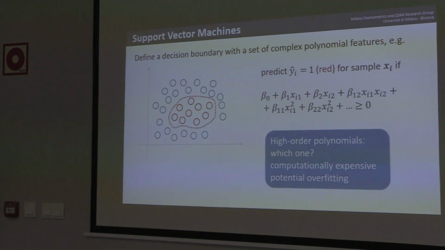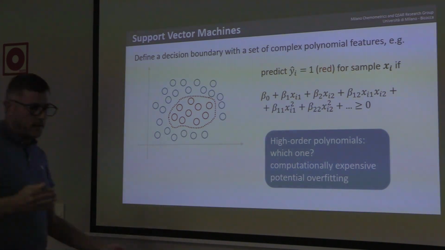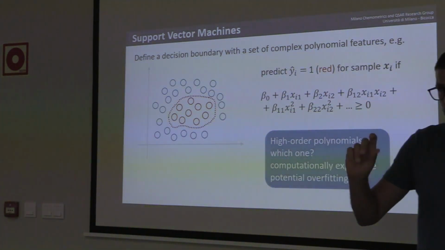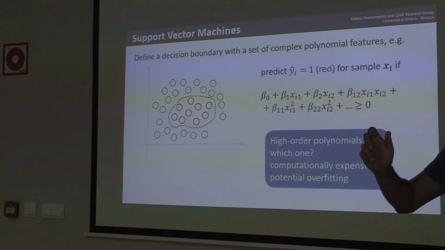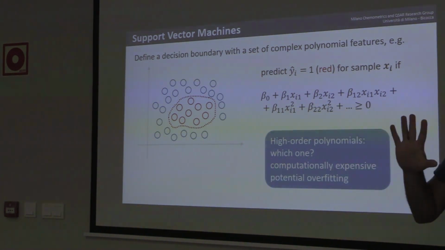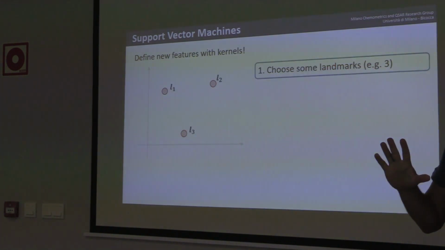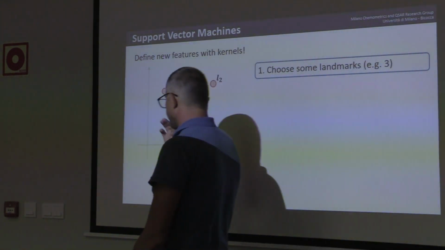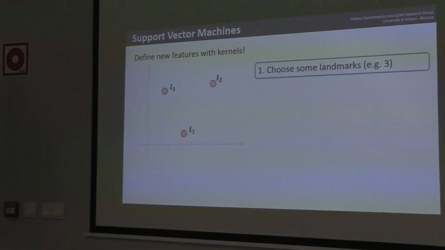So, what is a kernel? It's a way to look at samples on the basis of the distances they have between them. So, let's start with a very simple example. With kernels, we define new features, new variables.